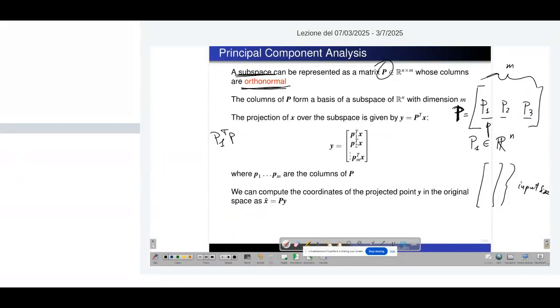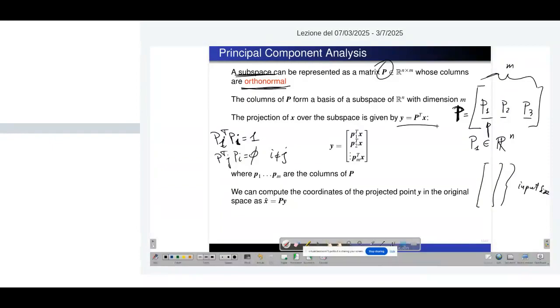It means that this holds, well, actually this holds for any i, while if I take two different vectors, their product is zero, exactly as we have said before.